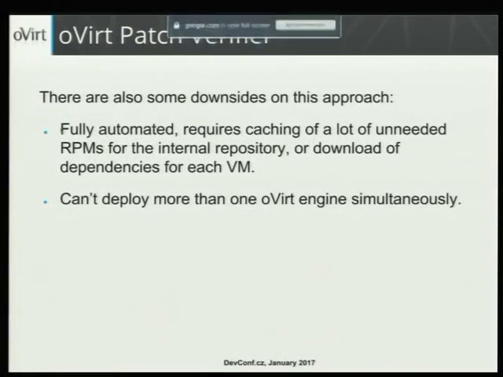But there are also some downsides to this approach. To make things automated, we don't do the same that Lago does by default. We want to cache the RPMs from the repositories and make a local repository to be used by the VMs, because sometimes we want to use different distros.